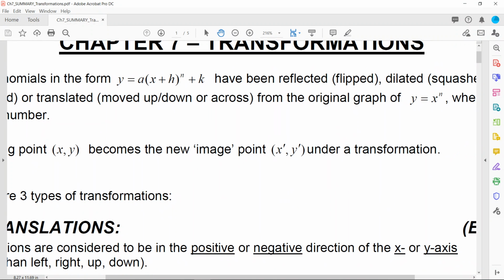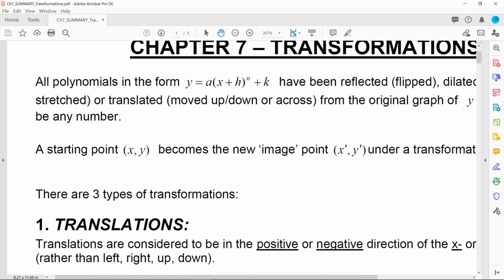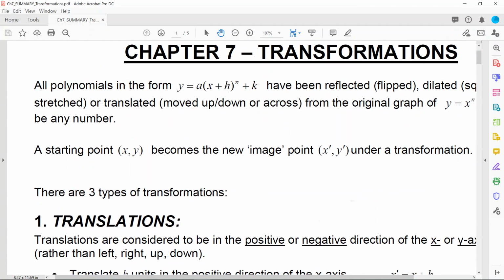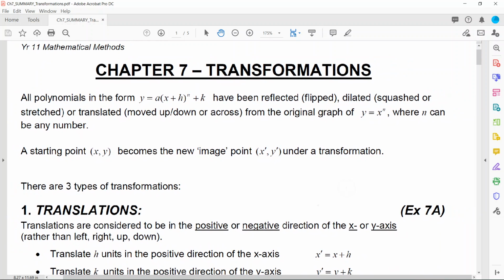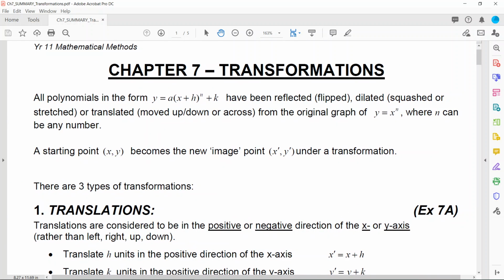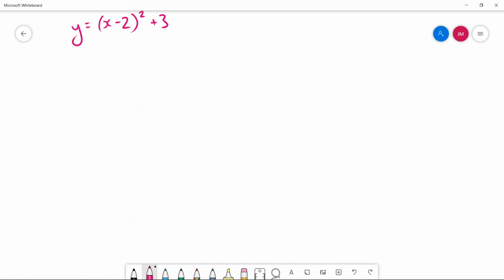Now, that might seem all good and well. How does that help us when we're trying to apply translations and transformations to different functions? What you've done in the past with your work on quadratics is simple equations like this: y equals (x minus 2) all squared plus 3. When sketching these graphs, we'd ask you to imagine what y equals x squared would look like. We know that is a positive parabola with the turning point at the origin.